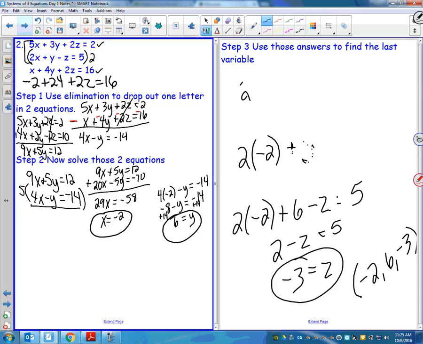So that would be 22 plus 2z equals 16. So when I subtract 22, wouldn't that give me a negative? Yeah, I did 12 instead. That would give me negative 6, so z would still equal negative 6. It should work.